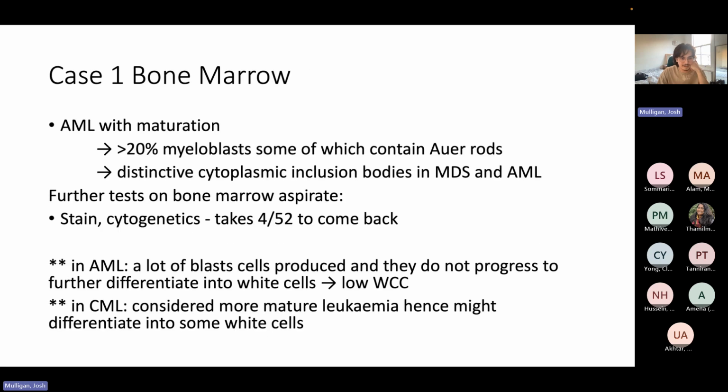Okay, I'm going to go back there. So that next slide was basically on the presentation of leukemias. If you start thinking of going head to toe in the body, what kind of symptoms might present with a leukemia? Would you have the B symptoms? So fever, night sweats, weight loss. Yeah, certainly.